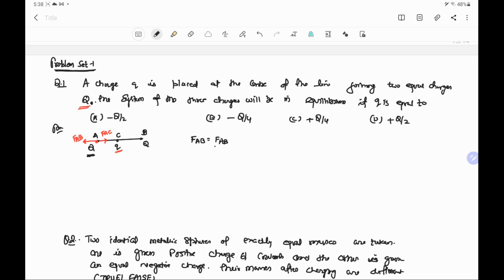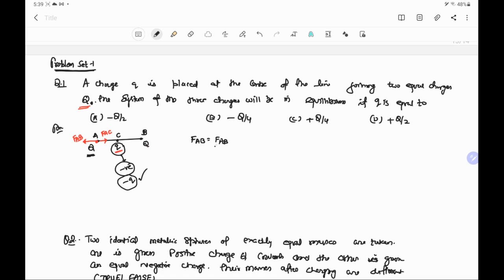To have the opposite direction, the nature of q should be negative. When it is negative, plus and minus charges result in an attractive force. So we concluded the nature is negative, and now we have to find the magnitude of q.